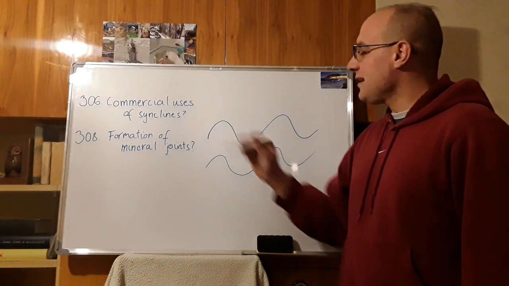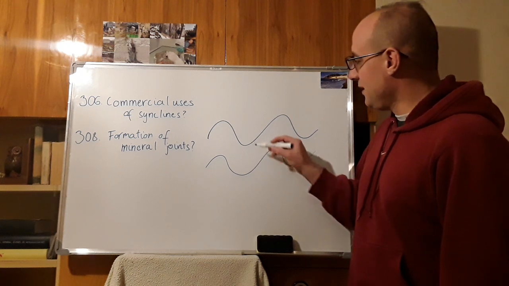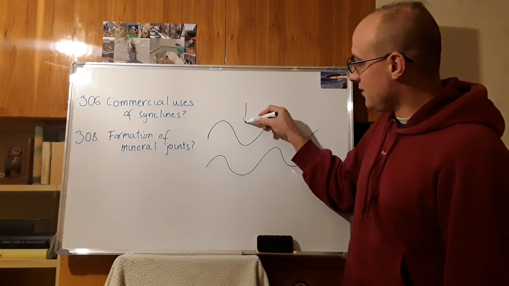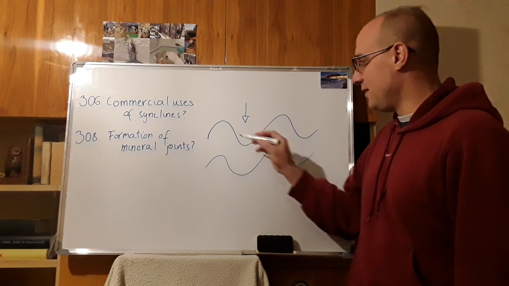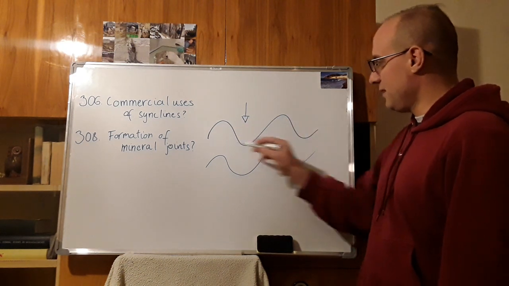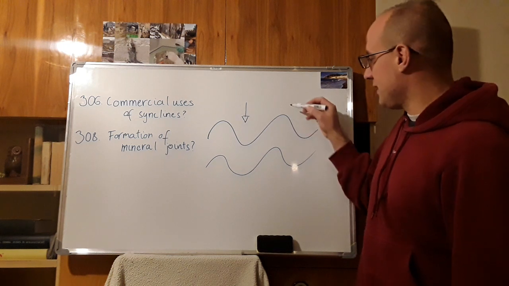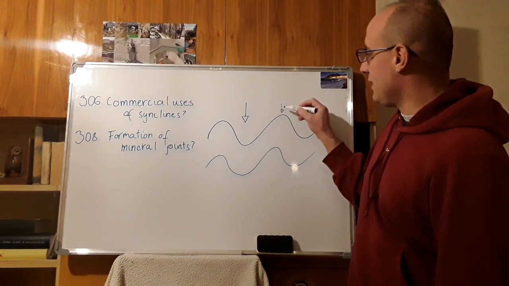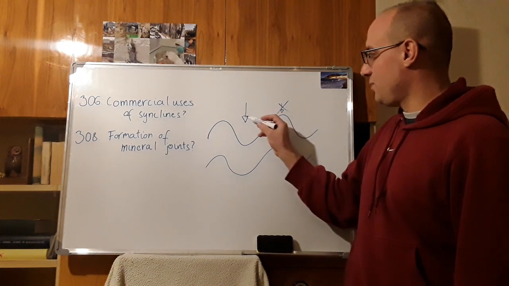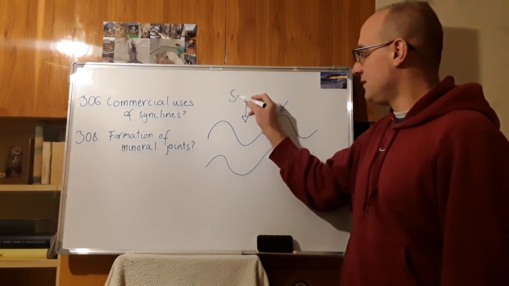So synclines are basically the valleys or the bottom side of the rock folding, or the waves in the rock, and the top would of course be the anticline. So here we're not speaking about this one, we're speaking about the syncline.